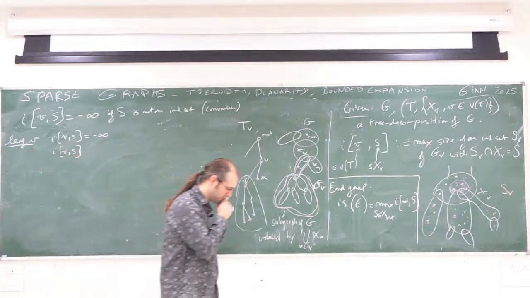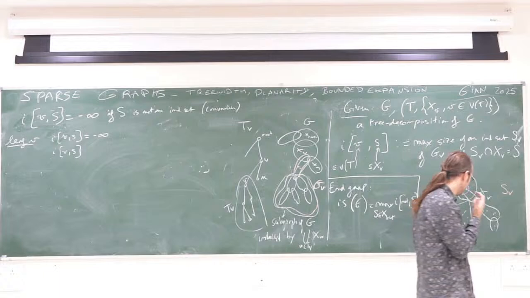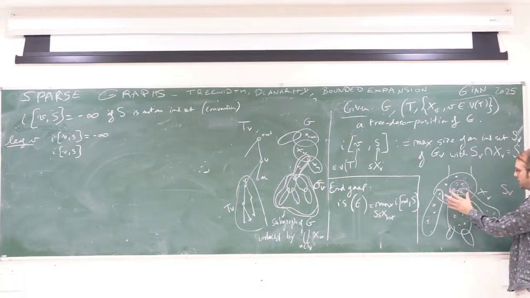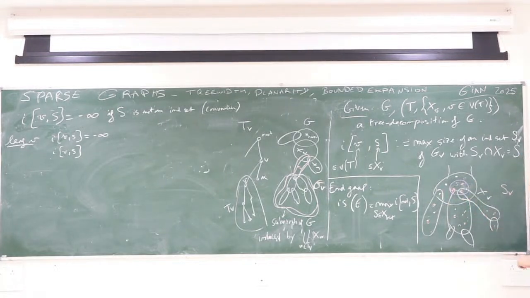Maybe it's a good way to explain the intuition behind this, so why this will work in some sense. Of course, you can see that now these bags kind of intersect. But remember one essential property, which we didn't really prove, but it was also in the tutorial: the intersection of two consecutive bags is a separator.